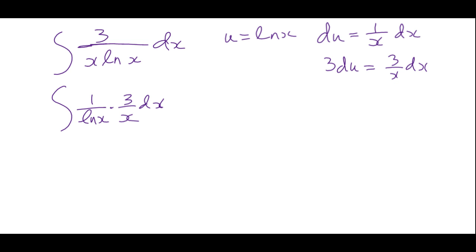So put the 3 out front, right? So 3 times 1 over u du. Okay, so this we replaced with 3 du, but you can move the 3, it's a constant, out front there. You could leave it there too, right? And write 3 over u. So this is just ln u.